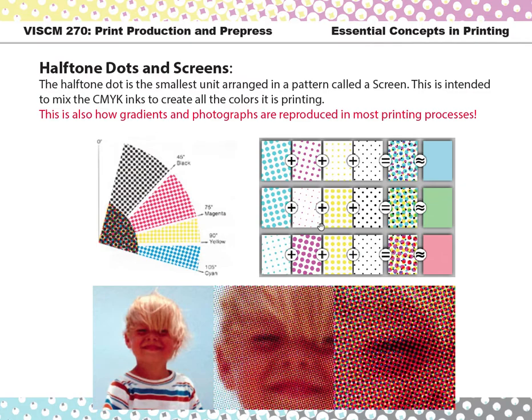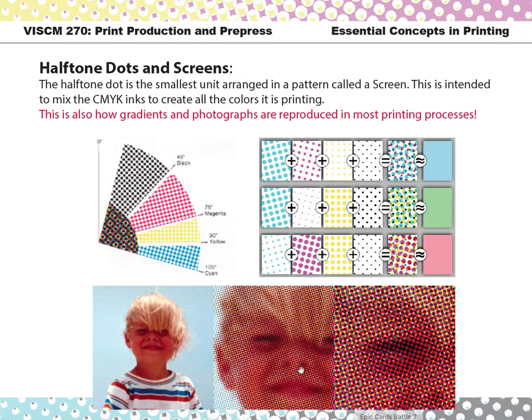So the way that works is that each color of the CMYK will have its own plate, and each plate will have its own screen pattern arranged on it according to what is being printed. And the screens, since they're on a grid, need to be laid out at angles to each other.